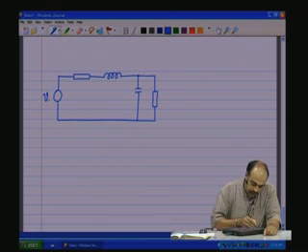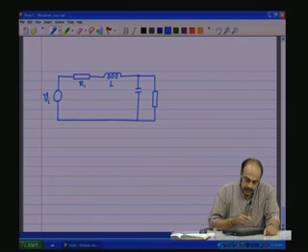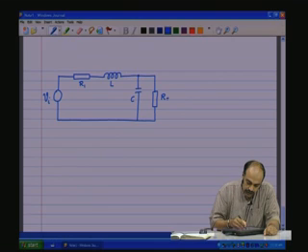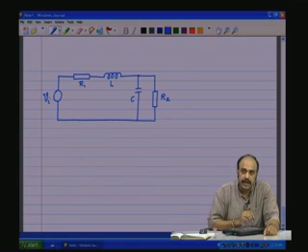So, this is the input Vi. This is one resistor R1 which is in series with an inductor L. There is a capacitance, and there is another resistance R2 which is across C. So, let us say this is the circuit that you want to analyze. Which means that you have to have a mathematical representation of this circuit, the complete dynamic behavior of this circuit.